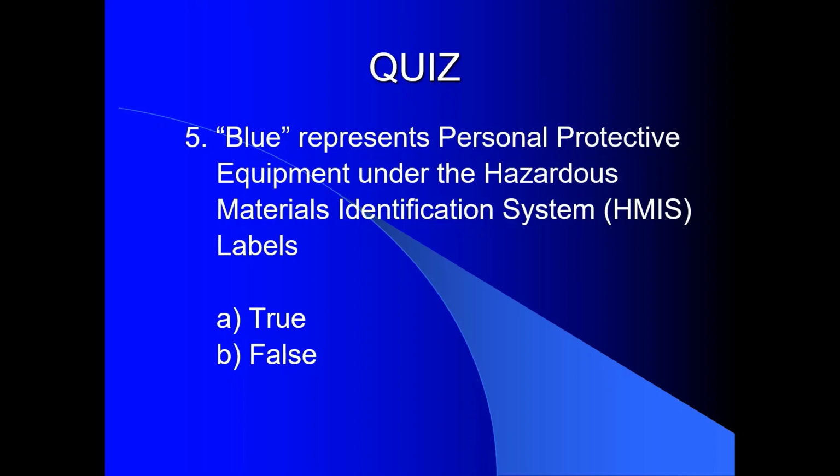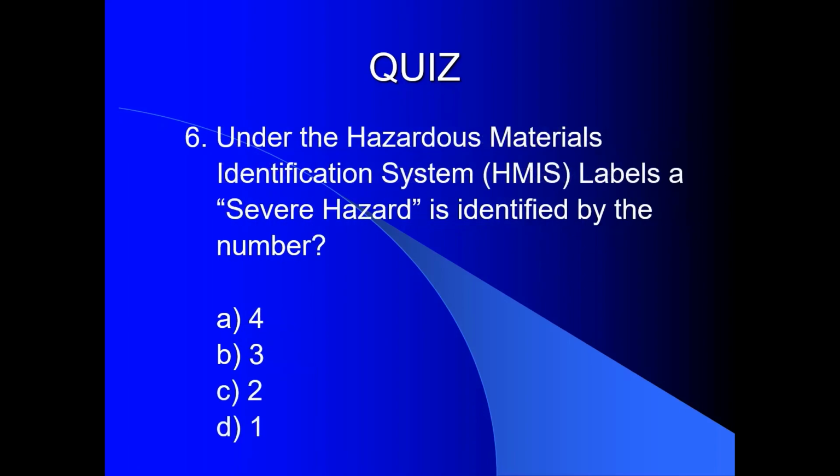That is A, true, or B, false. Question 6. Under the Hazardous Materials Identification System, HMIS labels, a severe hazard is identified by the number A, 4, B, 3, C, 2, or D, 1.